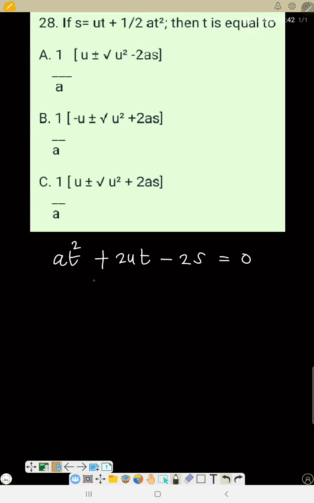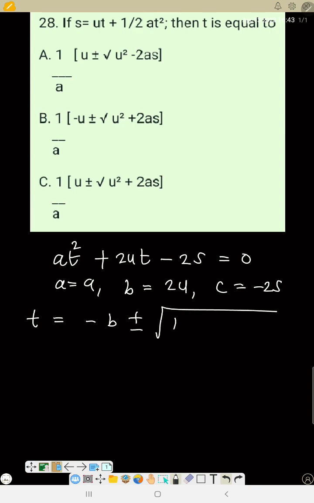So if you compare this with your normal formula, a is a, b is 2u, c is minus 2s. So the formula method is t is equal to minus b plus or minus square root of b squared minus 4ac, everything over 2a. That's the formula method.